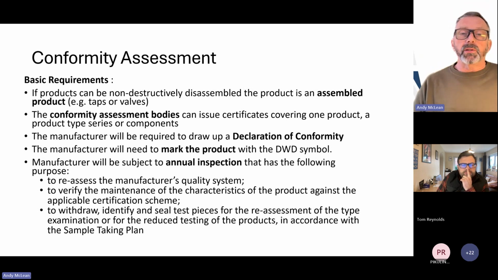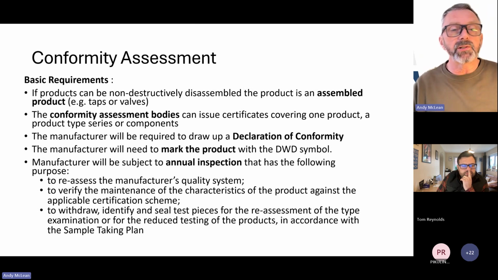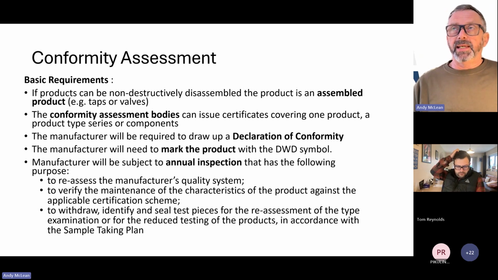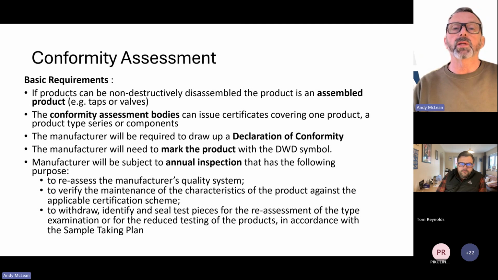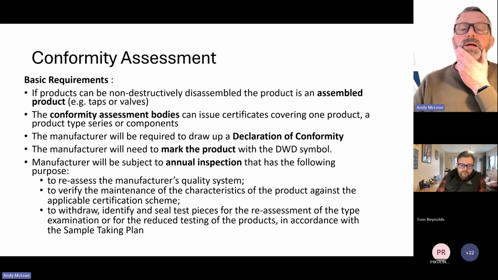The requirement is that there will be an annual inspection to keep an eye on the manufacturer's quality system, make sure there are no changes in there, verify the maintenance of characteristics of the product, so making sure that nothing's changed, and where necessary to withdraw, identify and seal to gain test pieces if reassessment is required, but that's in conjunction with the manufacturer. So that's a top level view of what's going to be required of manufacturers.